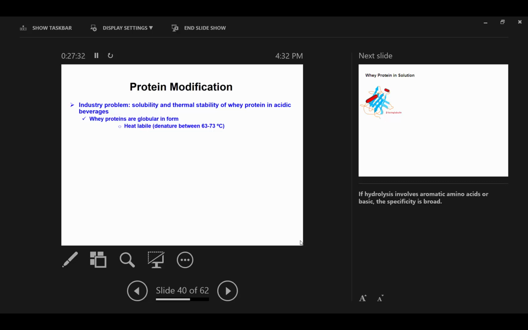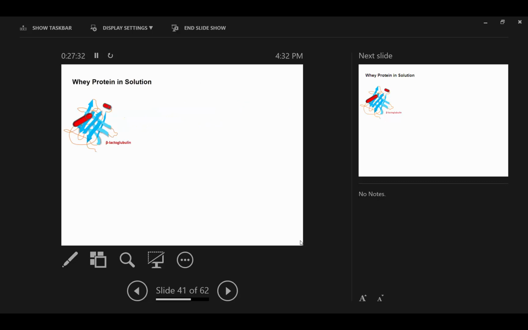Okay. So here's the model. This is your beta-lactoglobulin, which is the main component of whey protein, and it could be the major one, more than 80% in whey protein isolate, let's say, that you get from ion exchange. So depending on the ingredient, beta-lactoglobulin might be the major component.